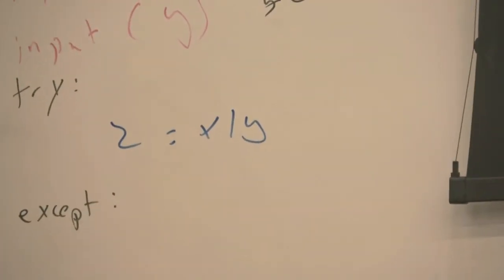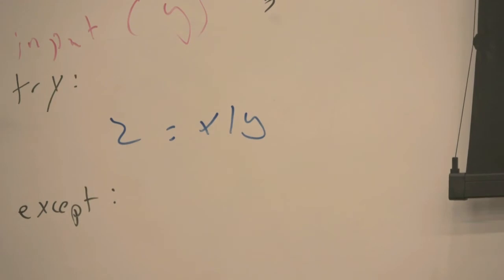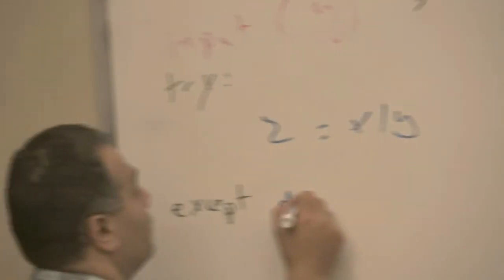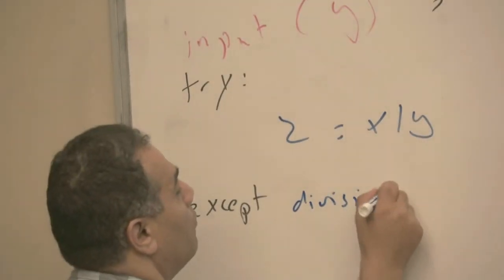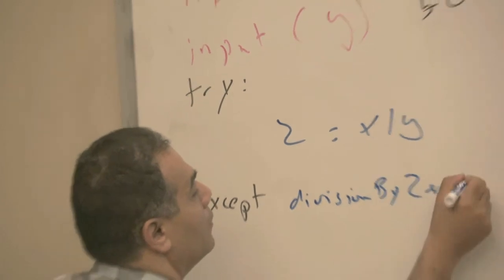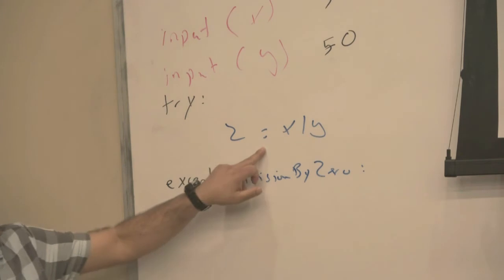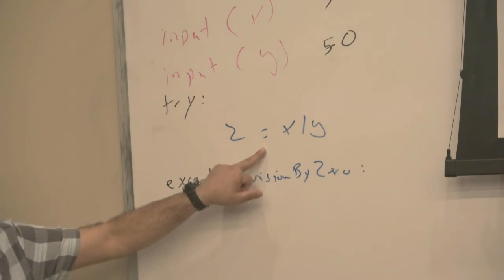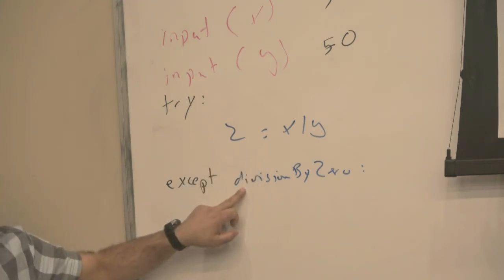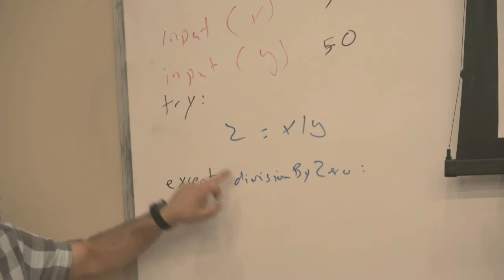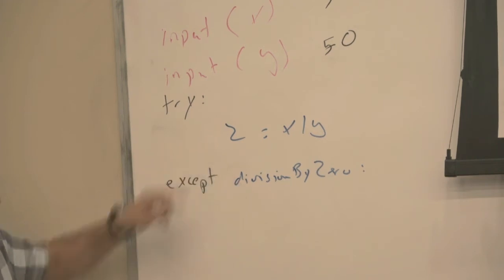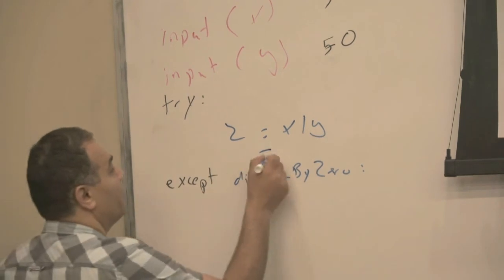If this raises an exception like division by 0, let's say I forgot the name, the system will issue a division by 0 exception. So this will move right away. It will not finish the rest of the sentences in here.